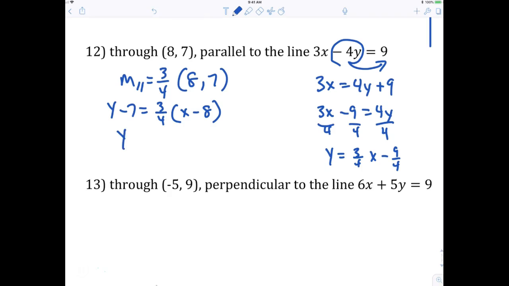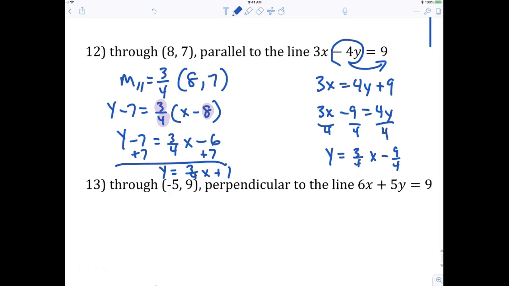So y minus 7 equals 3/4 x minus 6. Is everybody okay with me getting a 6 on that? Because 8 divided by 4 is 2. 2 times 3 is 6. Now I have to do what? Add 7 and I'm done. Y equals 3/4 x plus 1.